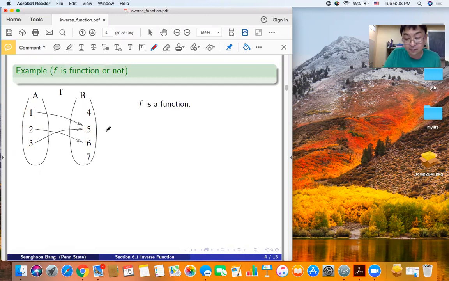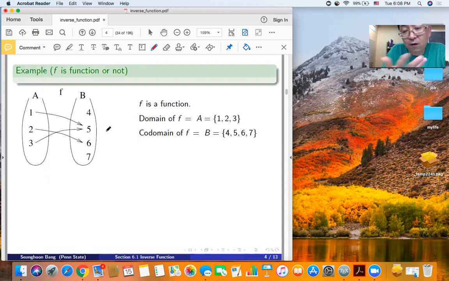Thank you, Miles. So what's the domain of f? Yes, 1 through 3. The codomain is 4, 5, 6, 7, 4 through 7.